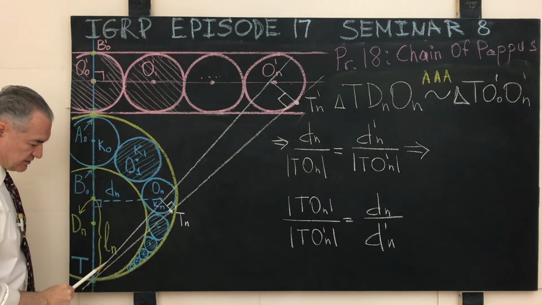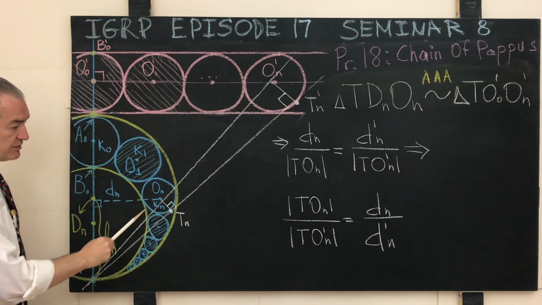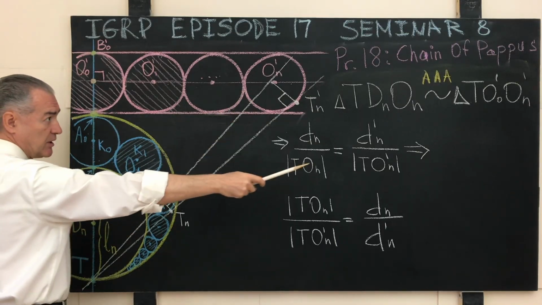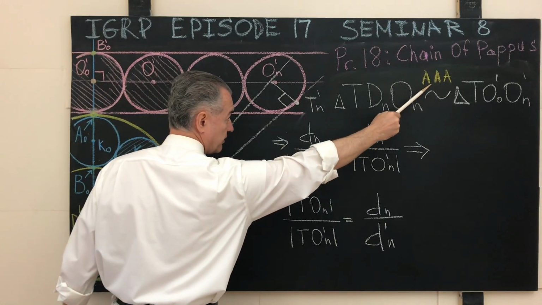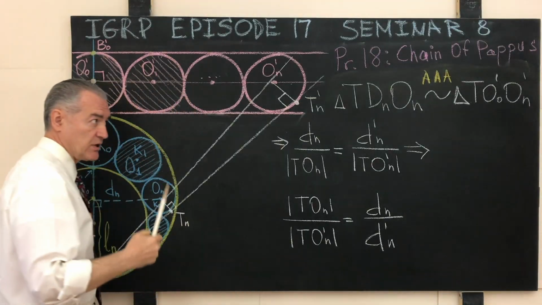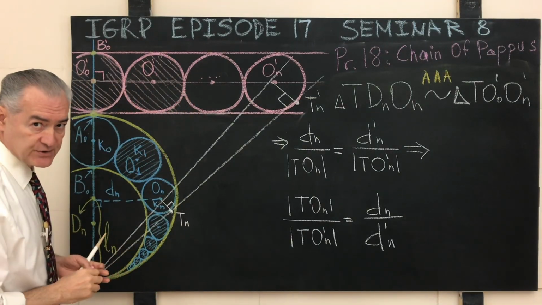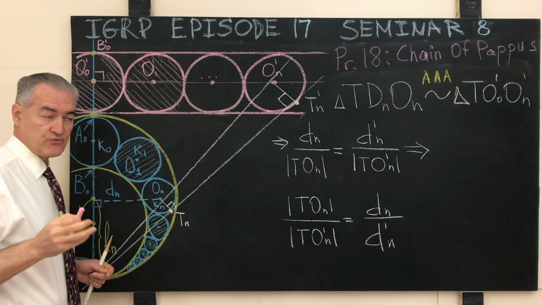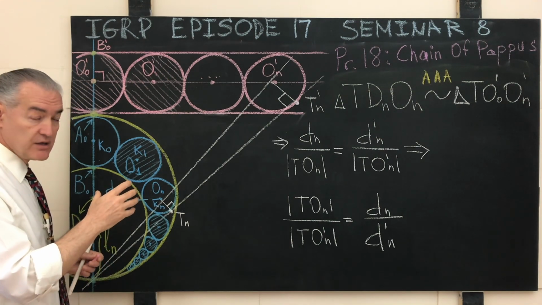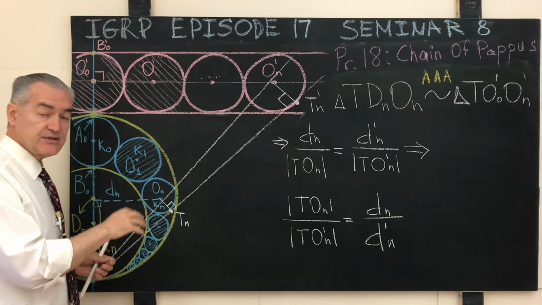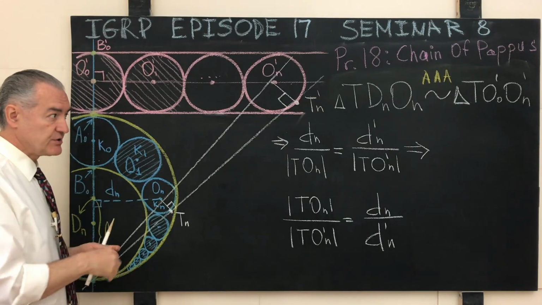The remaining angles must be the same. As such, by angle, angle, angle, the triangles are similar, and by, let's say, Euclid's Elements Book 6, Proposition 4, if I'm not mistaken, the lengths of the corresponding sides about equal angles are in the same proportion.